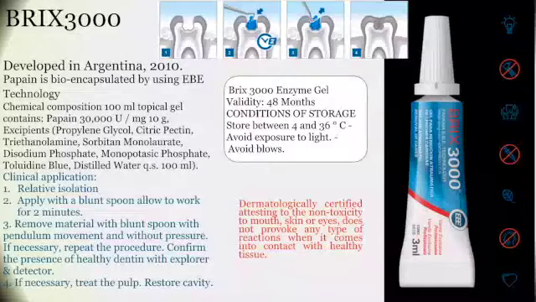You can see how favorable the conditions for storage are in the small box in the center of the slide. The application and the working protocol is similar to that of other chemo-mechanical caries removal agents, and you can remove the caries with a blunt instrument.